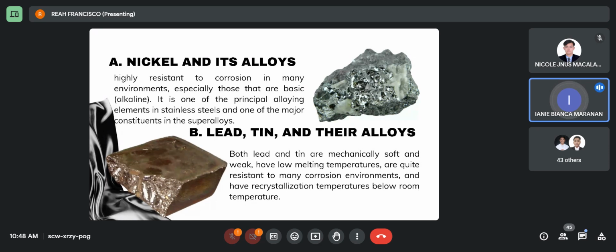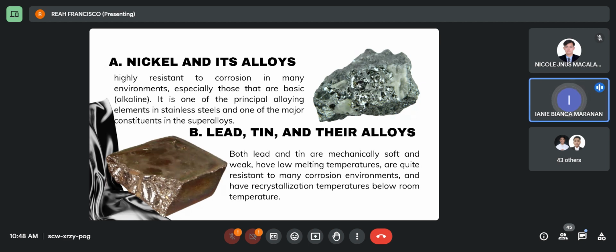Monel, a nickel-based alloy containing approximately 65 weight% nickel and 28 weight% copper, with the balance iron, has a very high strength and is extremely corrosion resistant. It is used in pumps, valves, and other components that are in contact with acid and petroleum solutions. As already mentioned, nickel is one of the principal alloying elements in stainless steels and one of the major constituents in the superalloys.